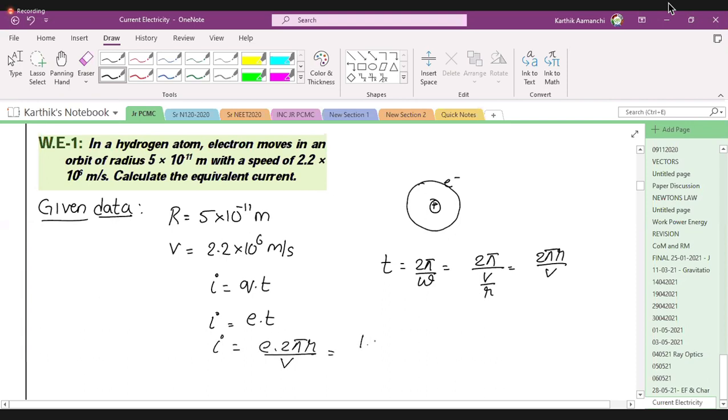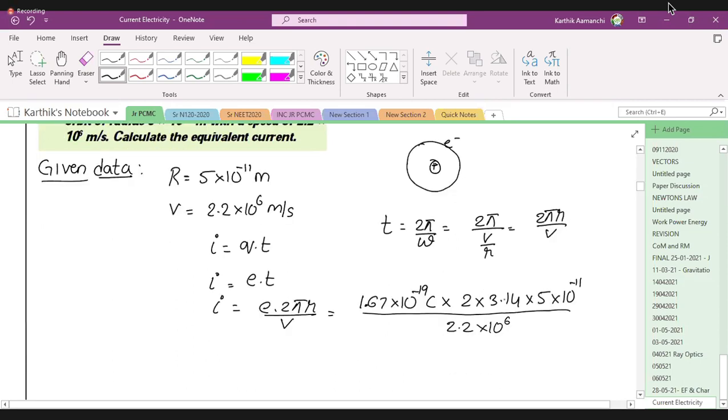Substitute your values. There are certain students who don't know the charge of an electron, mass of the electron, mass of the proton. I don't know what they are studying also. Sir, I got 1.12 into 10 power 3 ampere. No, I don't know, I have to check the answer. Divided by your velocity 2.2 into 10 power 6.